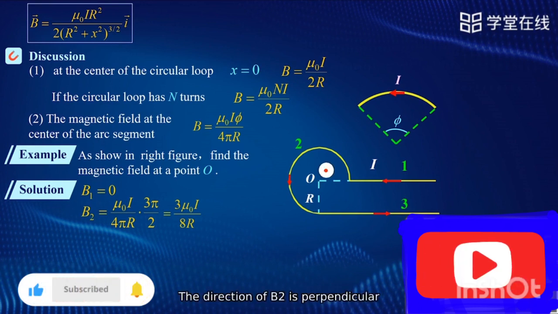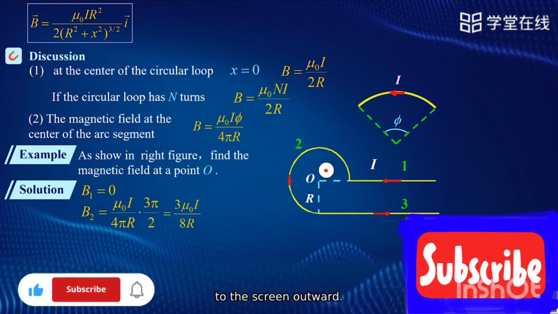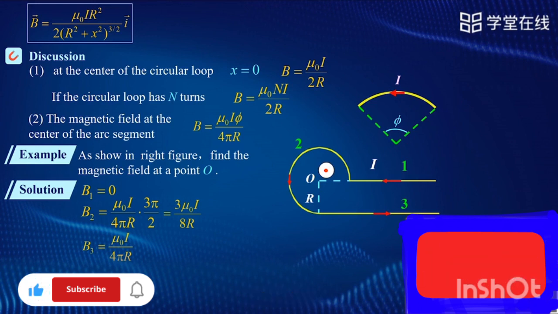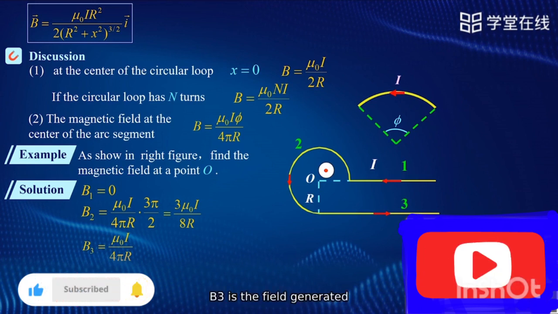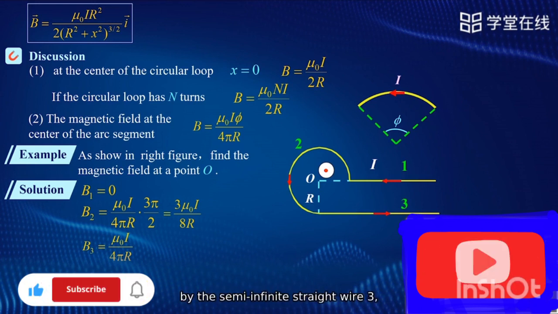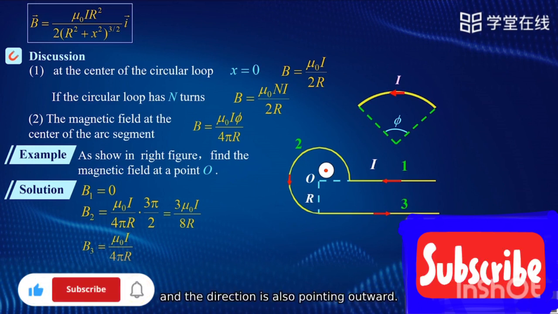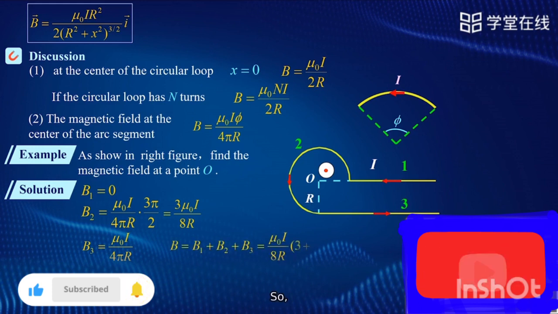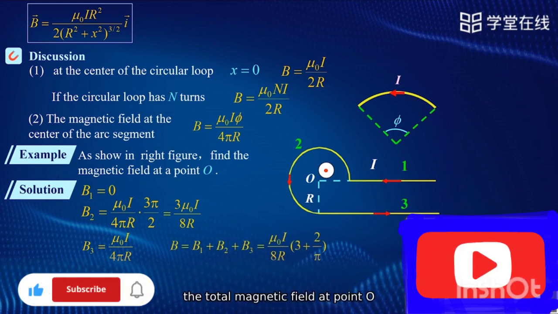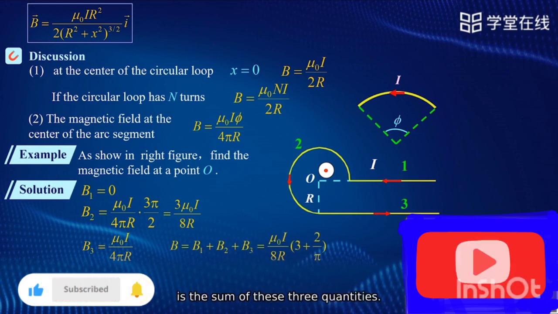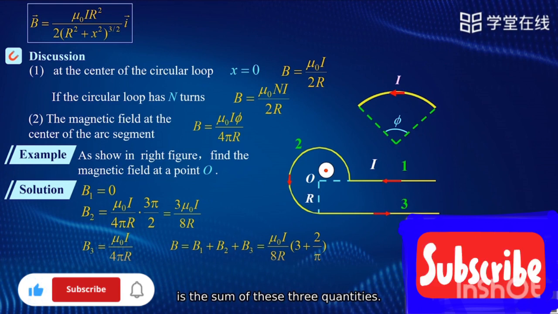The direction of B2 is perpendicular to the screen, outward. For point O, B3 is the field generated by the semi-infinite straight wire 3, and the direction is also outward. So, the total magnetic field at point O is the sum of these three quantities.